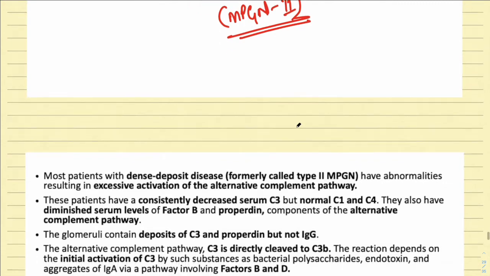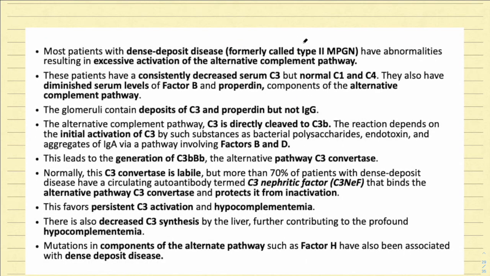Now the dense deposit disease. Most patients with dense deposit disease, previously called type 2 MPGN, have a major abnormality of excessive activation of the alternate complement pathway, not the classical, wherein the C3 complements are basically activated. So these patients will use up C3 far more than C1 and C4.